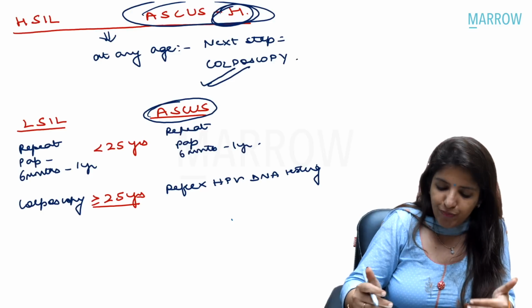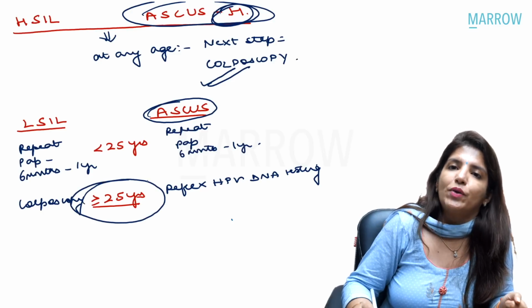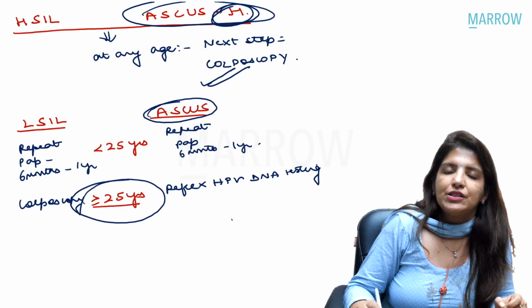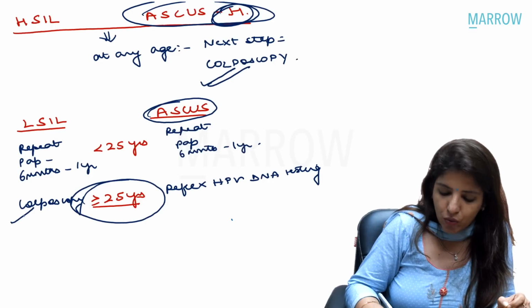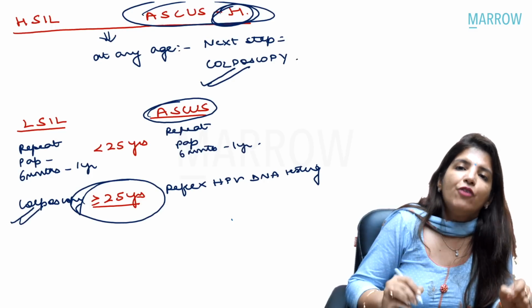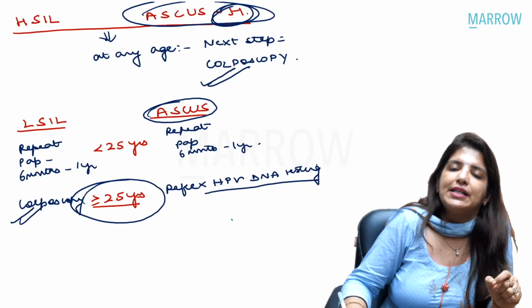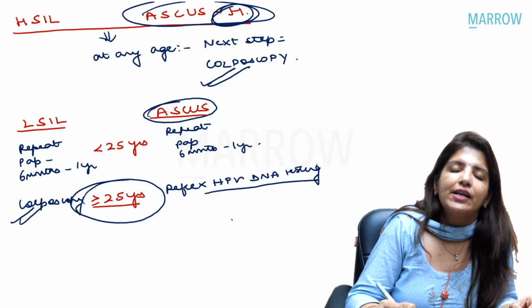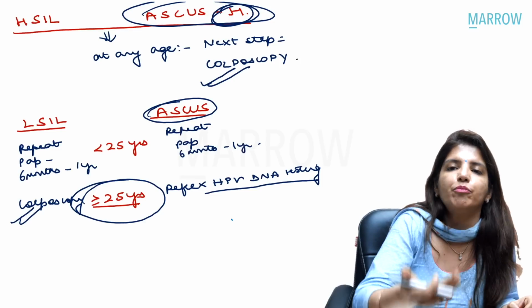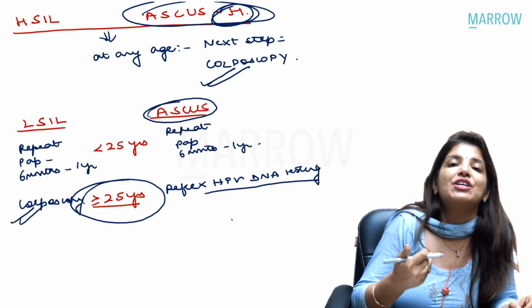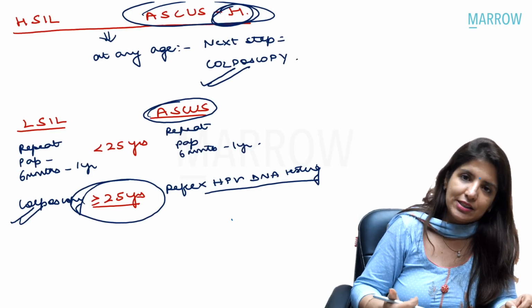Right? But if patient is more than equal to 25 years, in that case, if report is LSIL, you are going to do a colposcopy. If your report is ASC-US, you are going to do HPV DNA testing. HPV DNA testing, which is done after the report of pap smear, is called as reflex HPV DNA testing.